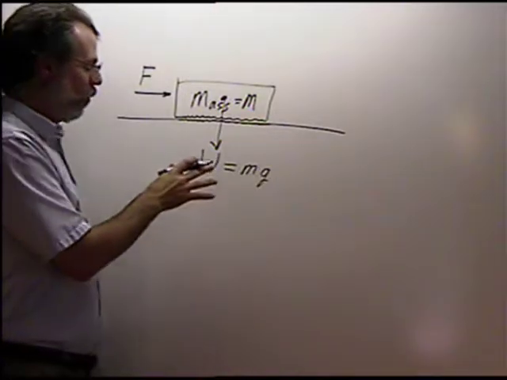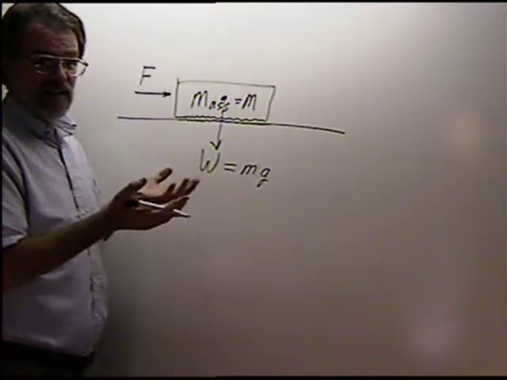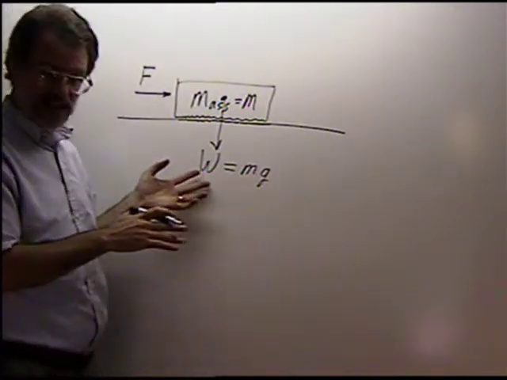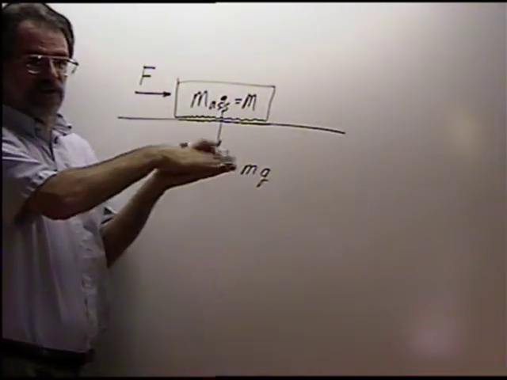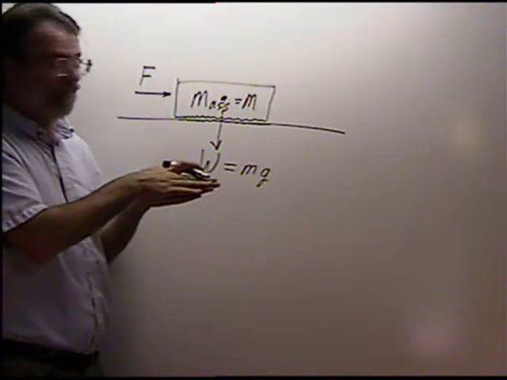If this weight is really, really light, the friction force is less. If the weight is very heavy, then these surfaces are smushed harder together and the friction force is greater.